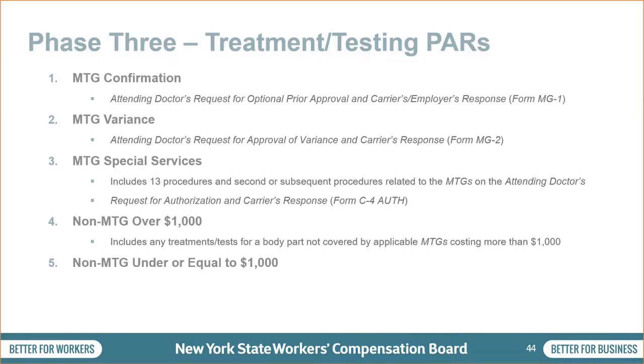Please note, prior to the implementation of OBLR, MG1s were optional for both the provider and the payer. With the implementation of OBLR, MG1s will continue to be optional for the provider, but if submitted, will be mandatory for the payer.